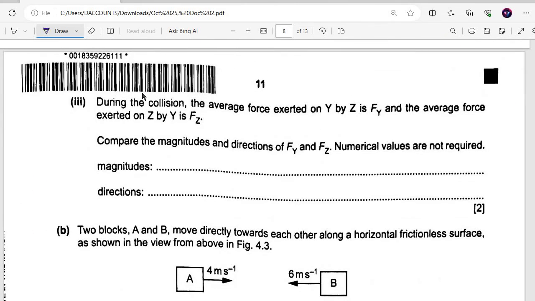So compare the magnitude of Fy and Fz. Numerical values are not required, just magnitude.